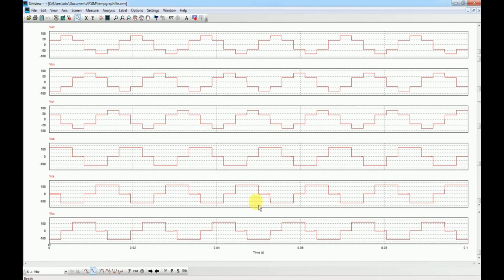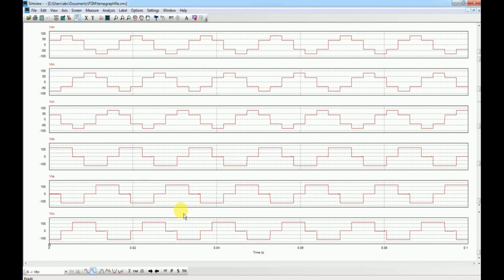The next thing that we need to find here is the fast Fourier transform to verify that the harmonics appear at an order of 6k plus minus 1, where k is equal to 1, 2, 3, and so on. This means that the first harmonic that should appear in the FFT spectrum is at the fifth multiple of the fundamental, with k equal to 1, and then the second will be at 6k plus 1, that becomes equal to 7.